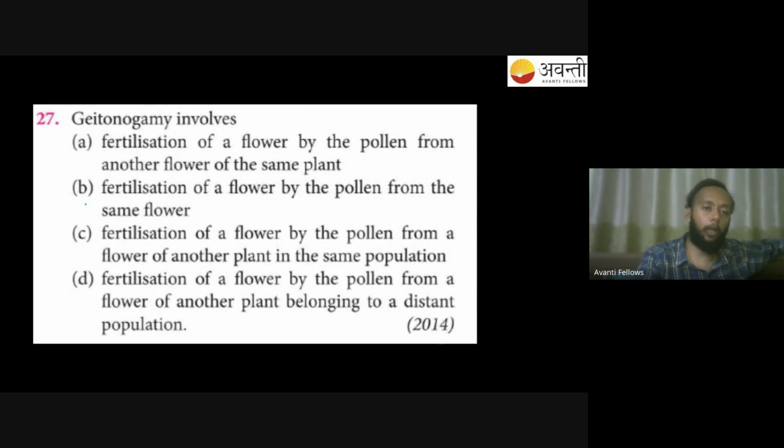Geitonogamy involves, now read the statement by yourself, take your 30 seconds and then tell me the answer. देख लो.